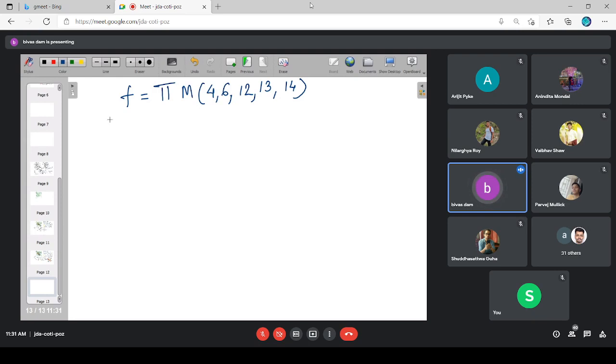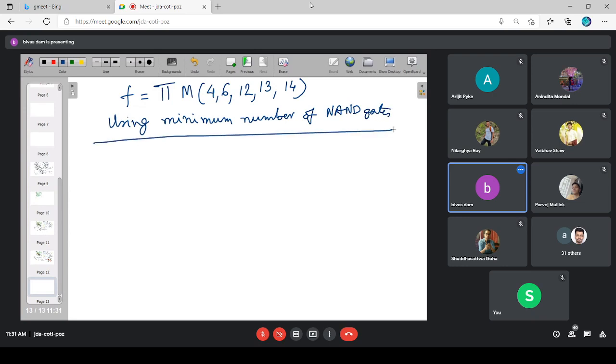Realize this function using minimum number of NAND gates.